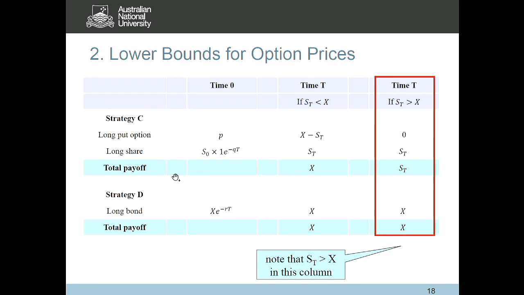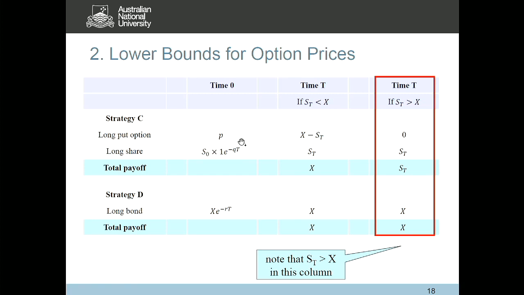Okay, so again, let's have a look at portfolio D first, because that's the easier portfolio to look at. The zero coupon bond would always pay us a fixed payoff of X, irrespective of the market states. Whether the market is going up or going down, the fixed income security always pays us a fixed amount of payoff X. And what is in portfolio C is we bought a put option. So if the share price finishes lower than the strike price, that's good for the put option, right?